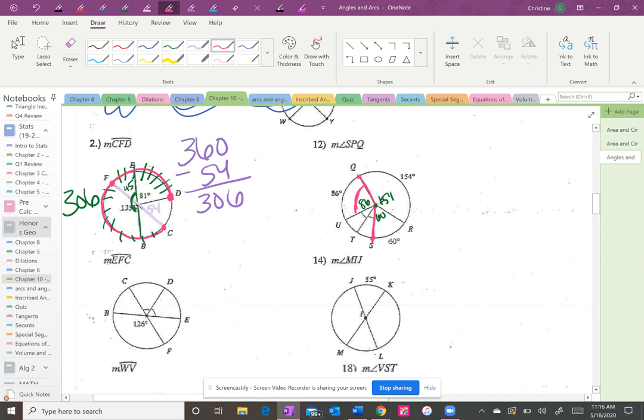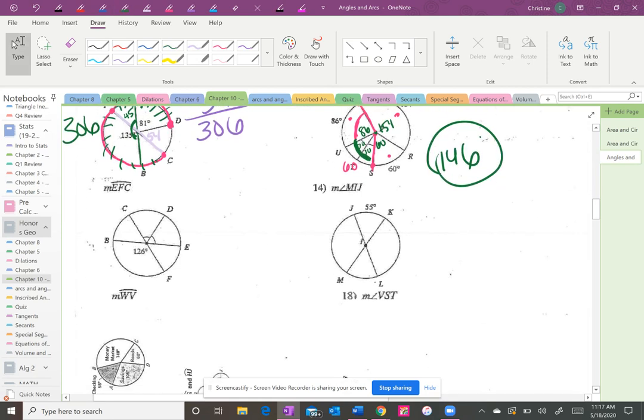There are no diameters here, but I can take 360 minus 86, 154, and 60. And that tells me that there are 60 degrees here. Now, technically, each of these is 30 because they are congruent. You don't need to split them into 30 and 30 because you're going to just add it to 86 altogether. And 86 and 60 is 146.